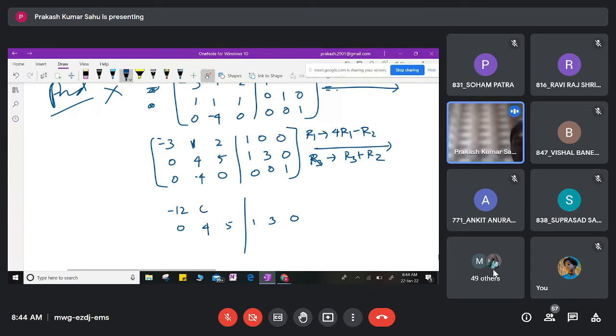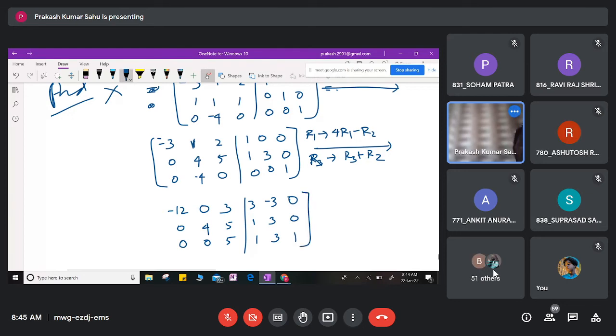ये हो जाएगा 0 और ये क्या होगा, this is 8 minus 5, this is 3, this is 4 minus 1, this is 3, this is 0 minus 3 minus 3, this will be 0 minus 0, this will be 0, and R3 क्या होगा, R3 plus R2, this is 0, this will be 0, this is 5, this is 1, this is 3, this is 1.